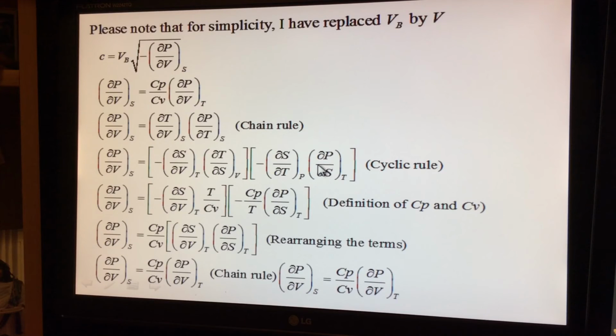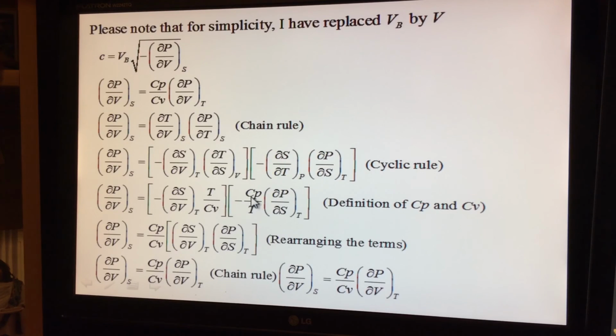Now you may be asking me, why do we need to do that? Well, the reason is that this expression has Cp and Cv, and therefore I have to get the heat capacity at constant pressure and the heat capacity at constant volume from these two expressions. But I know that this is, in fact, T over Cv. If you look at the definition of Cv, you can see that that's T over Cv.